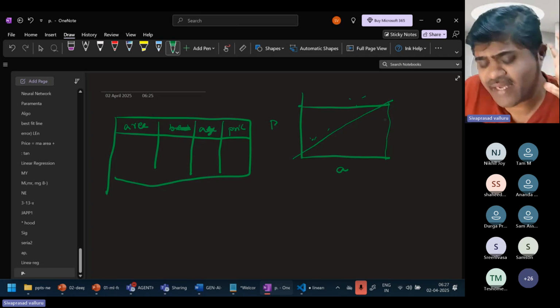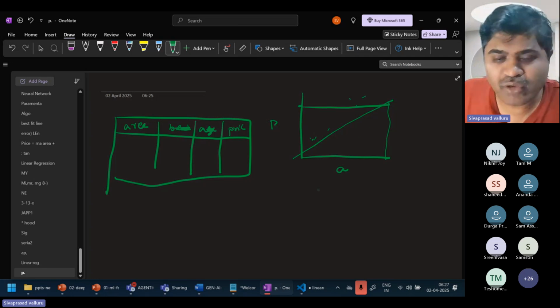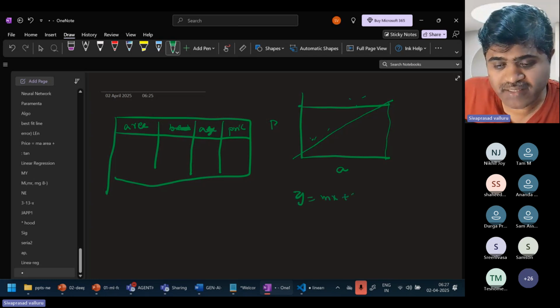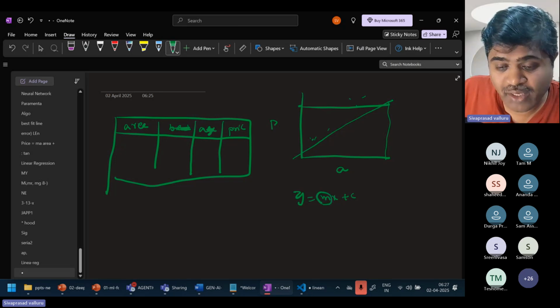So in linear regression, we have to find this line, and we know the line equation y equals mx plus c. Our duty is to find the best values of m and c. We understood that.